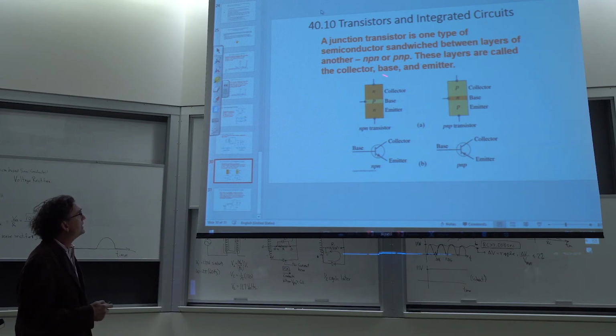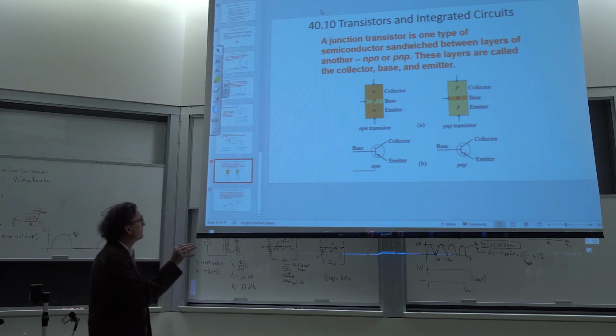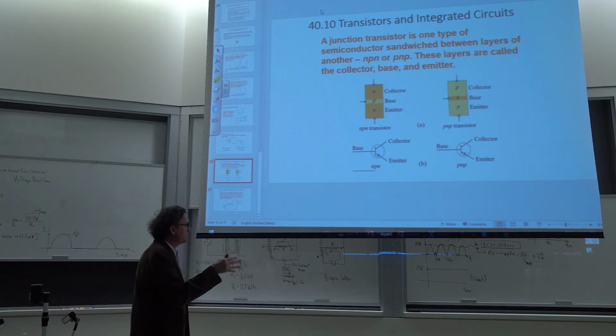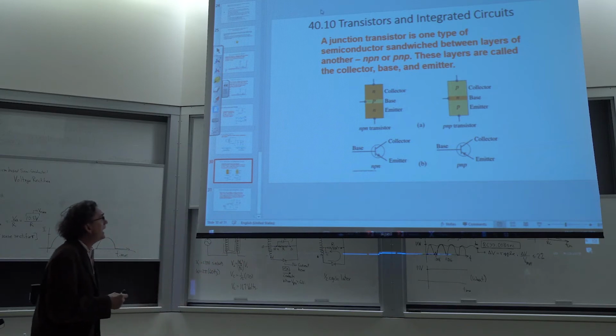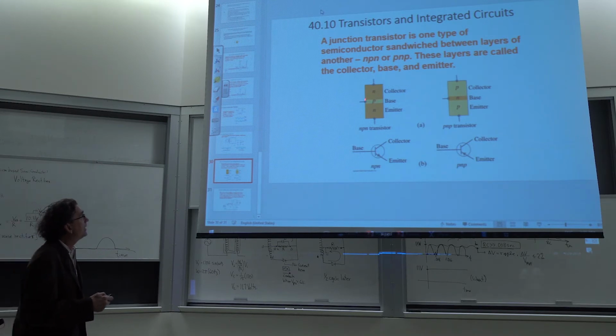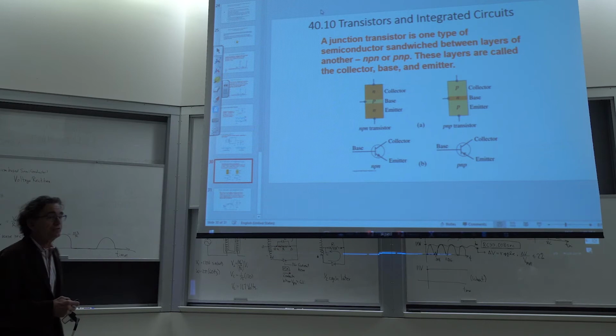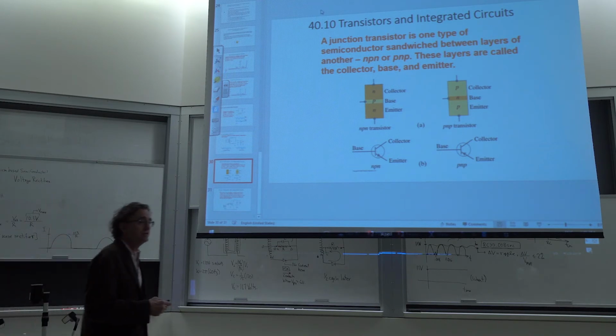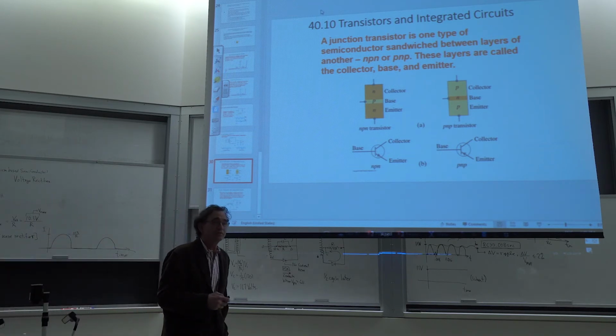We're going to talk about the NPN for our example, just because it's easier if we focus on one particular application and not try to generalize too much as we go through this. So this is exactly what they are. Now there are names given to these three locations on the triode, right? If two of them make a diode, then three of them make a triode, and the triode is a transistor.